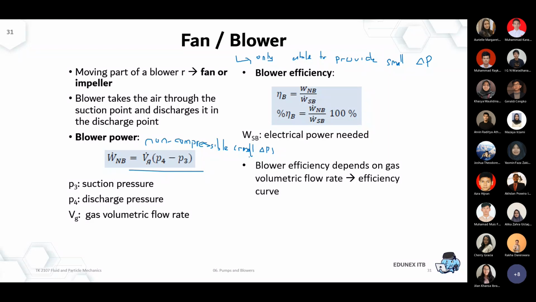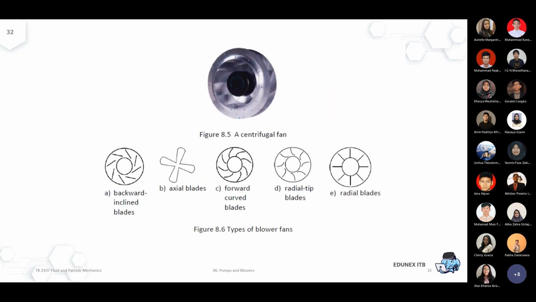So because it's a small delta P, it behaves like incompressible, and the duty can be simply calculated as V times delta P. Later when you need the efficiency, again the same thing: you just divide by the efficiency to get your actual power requirement.